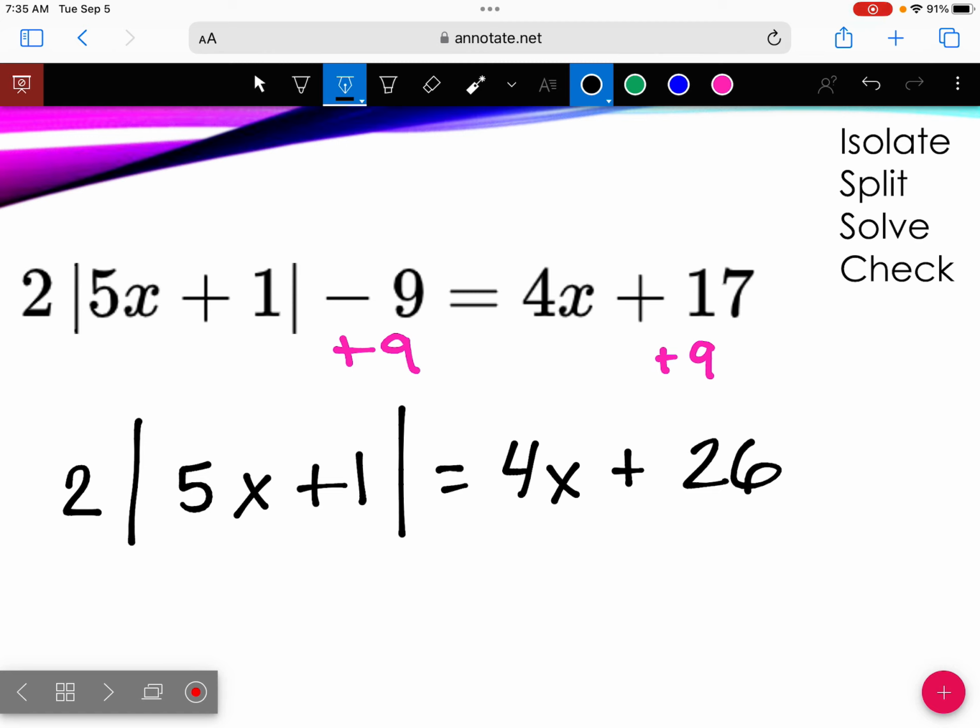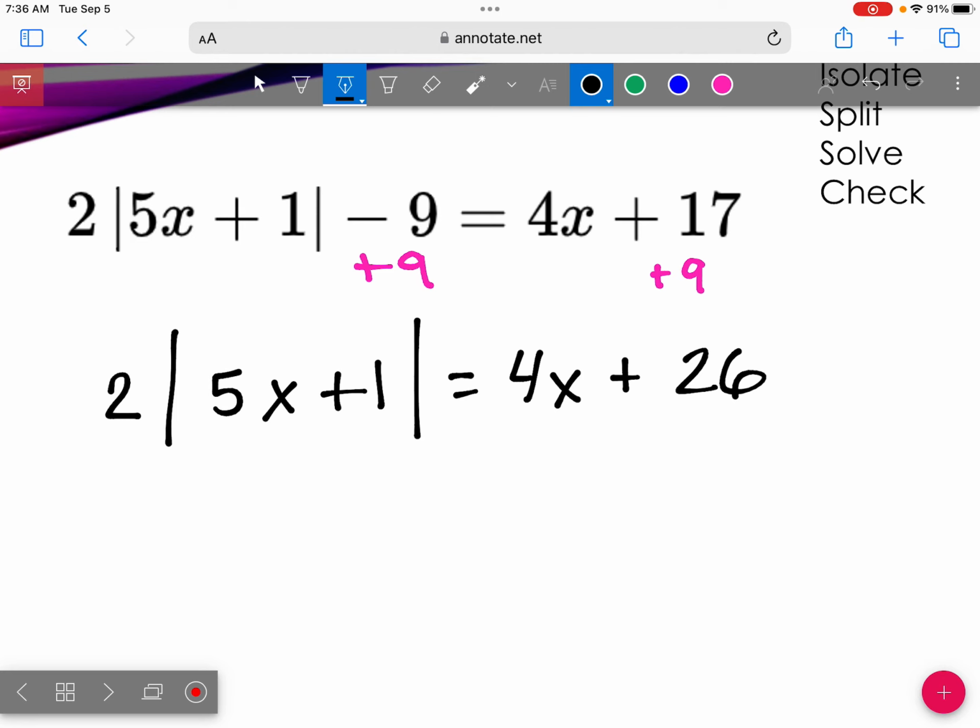Again, I want the absolute value by itself. What do I need to do? Now we're going to divide by that too, because that makes this 2 and that 2 cancel out. I do it as 2 separates. Divide this guy by 2 and divide this guy by 2.